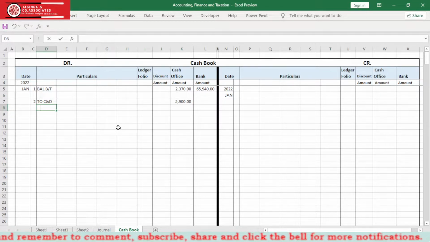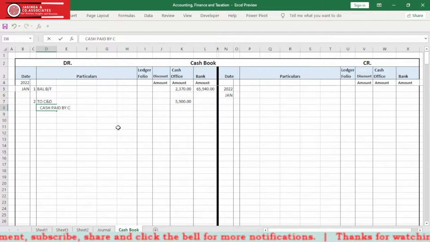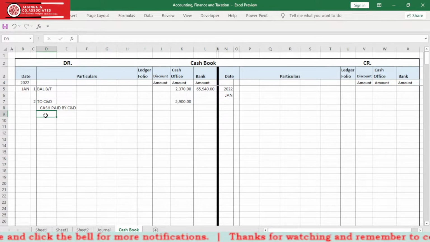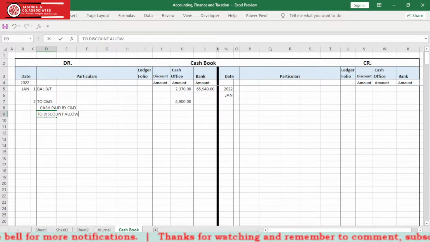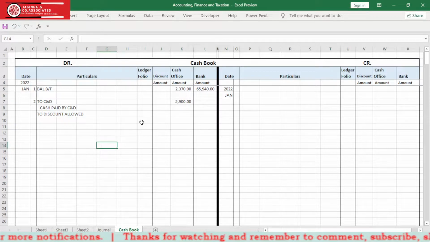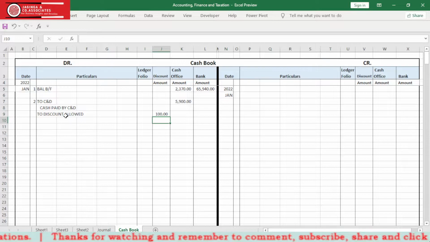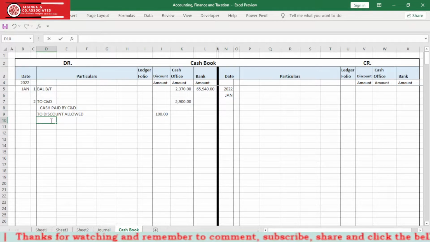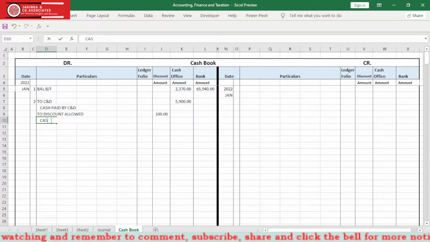Then here we'll write the narration: cash paid by C and D. Then down here we'll write to discount. The discount allowed was 100. Let's just write the narration discount allowed.